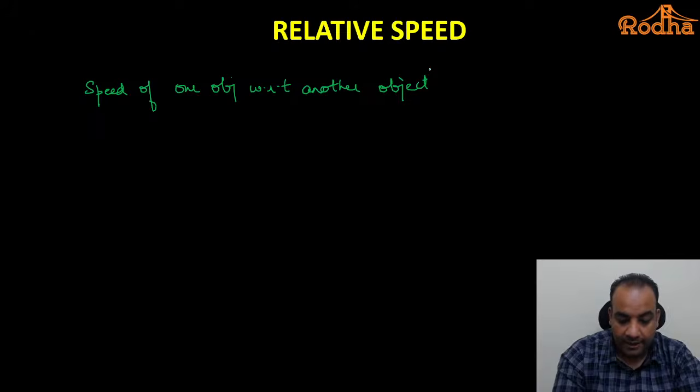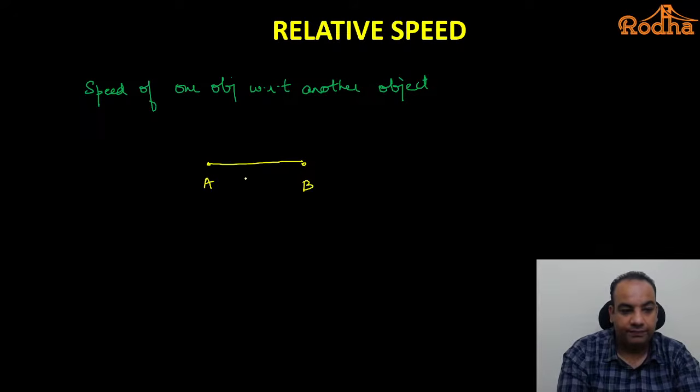Now, if I say this is point A, this is point B, and the distance between A and B is, suppose, 200 kilometers. A person starts from A in this direction at a speed of 60 km per hour.